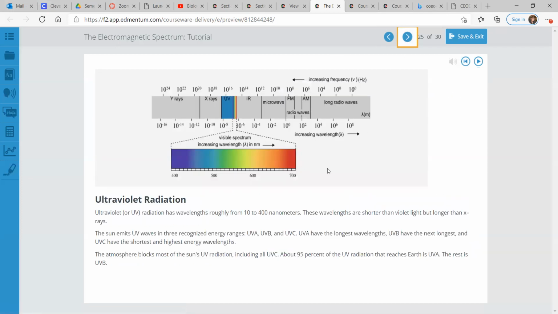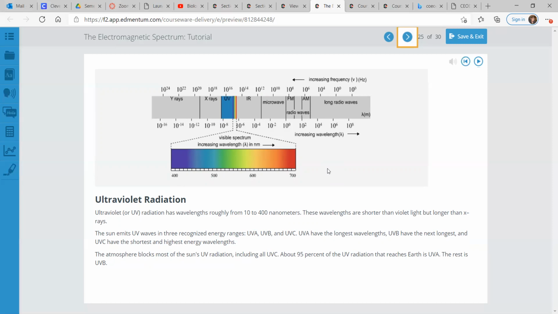So, on the other side of the spectrum, we have UV, ultraviolet. And those wavelengths are roughly from 10 to 400 nanometers. These wavelengths are shorter than violet light, but longer than X-rays. The sun emits UV waves in three recognized energy ranges: UVA, UVB, and UVC.